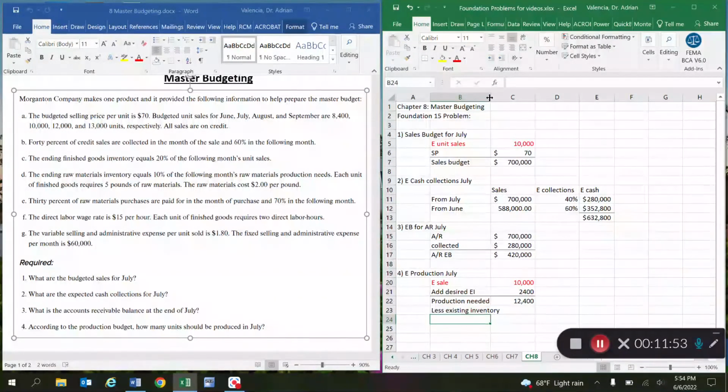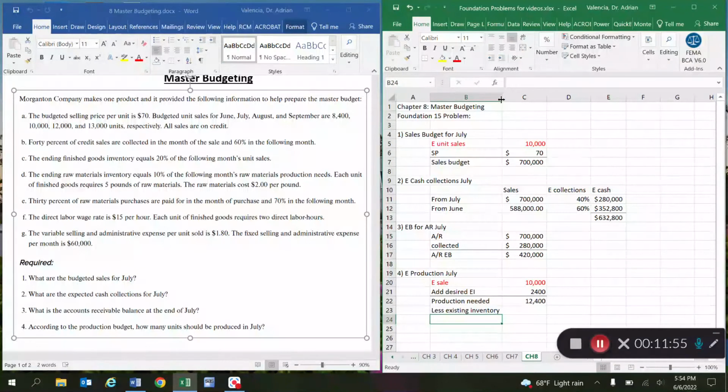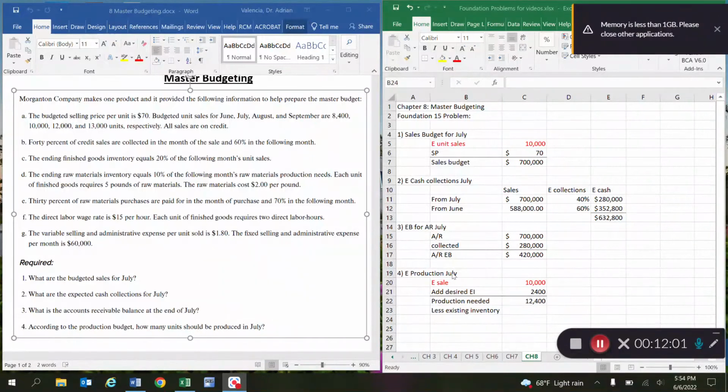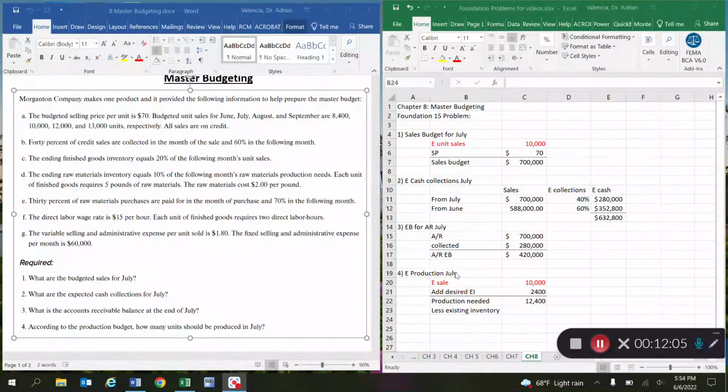Now, the existing inventory would have been the ending inventory from June. Okay, so don't get lost in all these dates here. Back in June, when we wanted to do the expected production, we estimated 20% of July's expected sales.